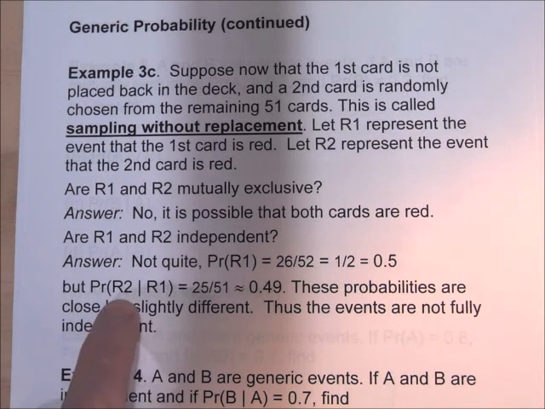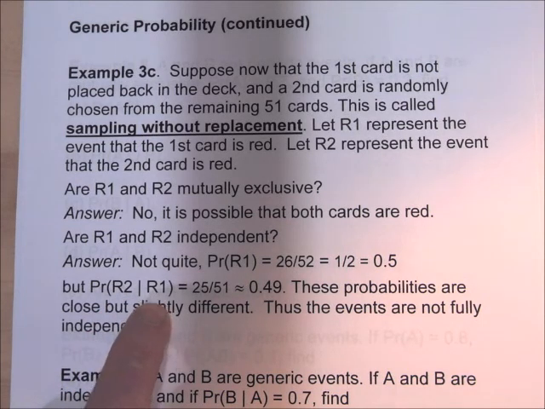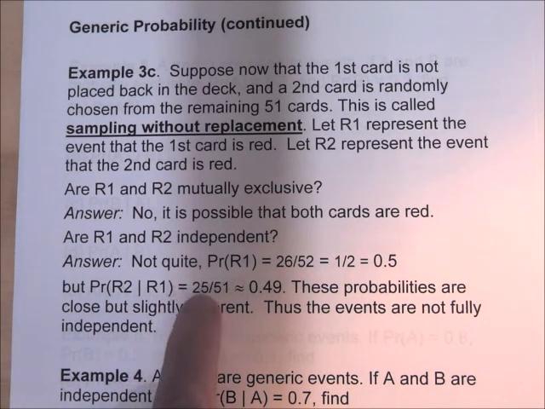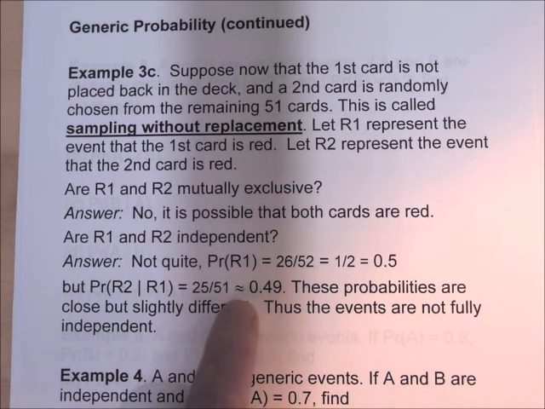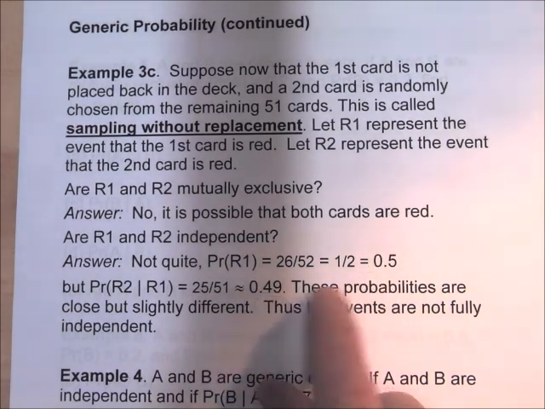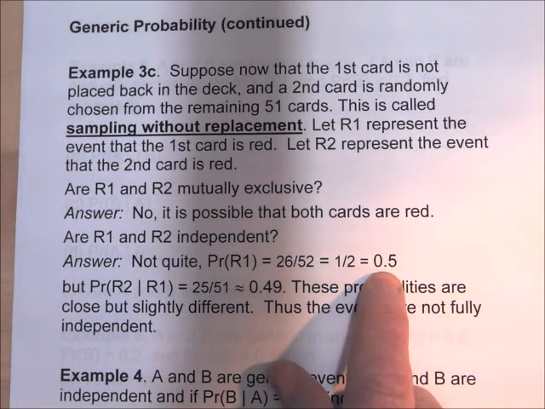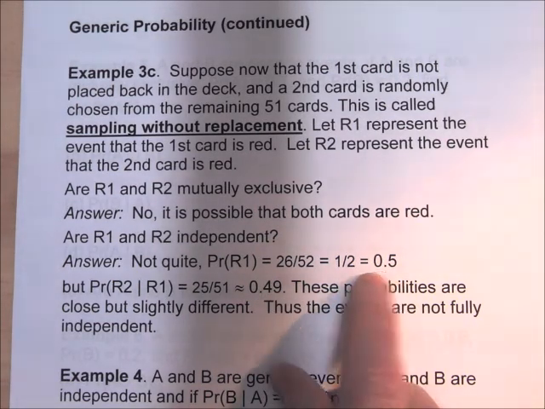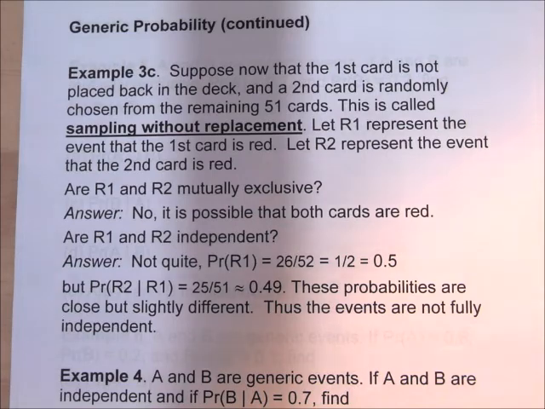Probability of red on the second draw, if the first card is red, we'll have 25 red cards left out of 51. 25 divided by 51 is 0.49. So the conditional probability is approximately 0.49. The conditional probability is not the same as the original probability. So we have 0.49 compared to 0.5. So the events are not fully independent.